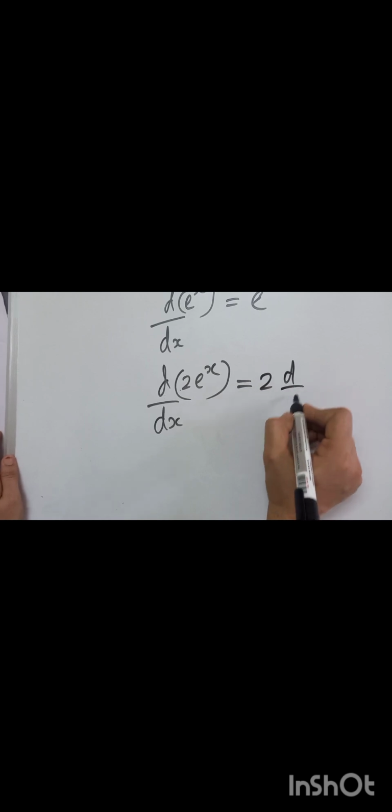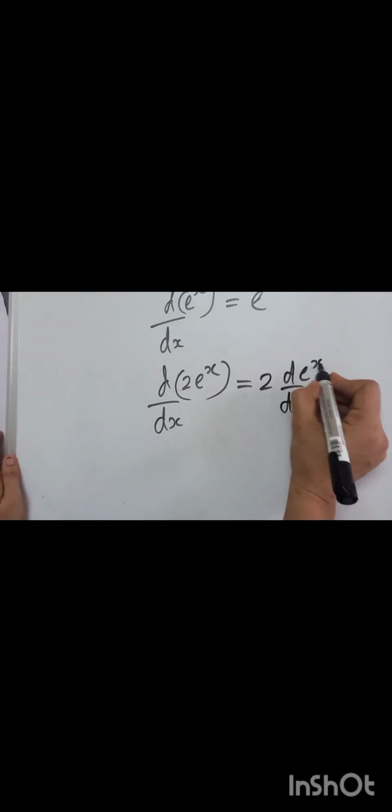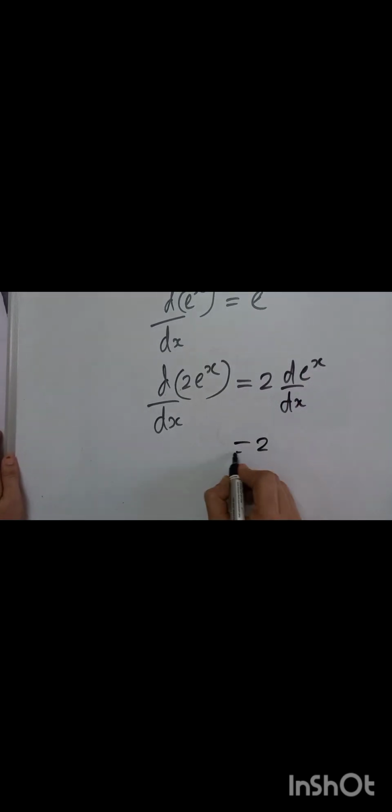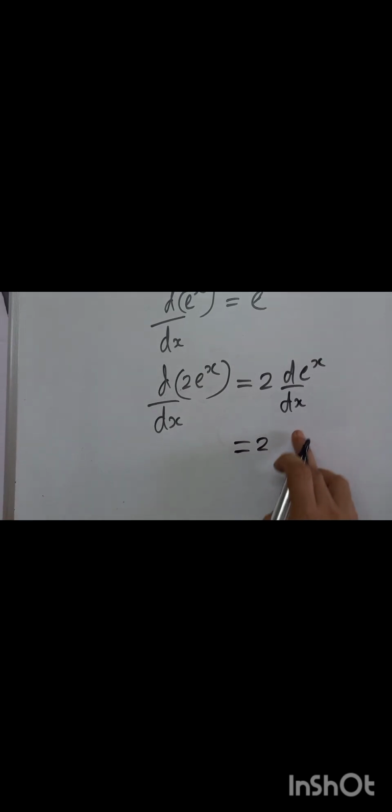This is a constant multiplied by a function. So at that time, the constant you have to keep outside. So 2 d by dx of e to the power x, and 2 multiplied by the derivative of e to the power x, which is e to the power x itself. So the answer is 2 e to the power x. So whenever a constant gets multiplied, that constant you also have to multiply in the answer.